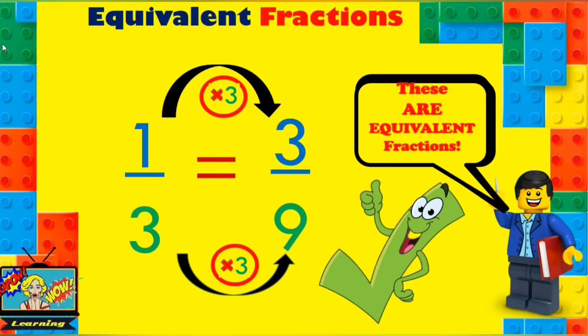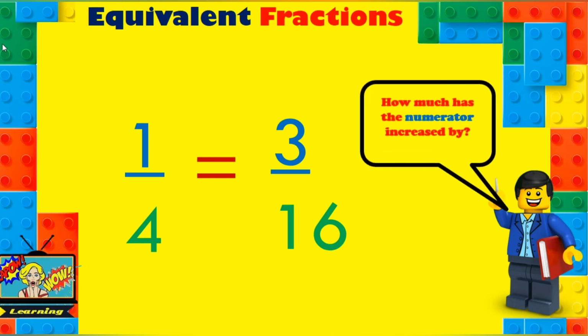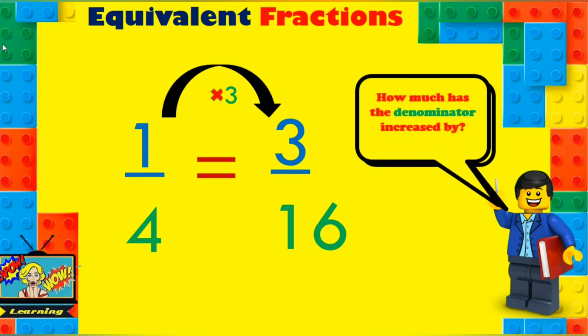They are equal. Here's another example, 1/4 and 3/16. You can pause this and then try to answer. How much has the numerator increased by? So 1 times 3 equals 3. Now, how much has the denominator increased by? So 4 times what equals 16? 4 times 4.